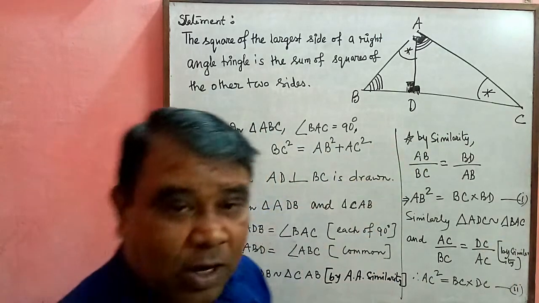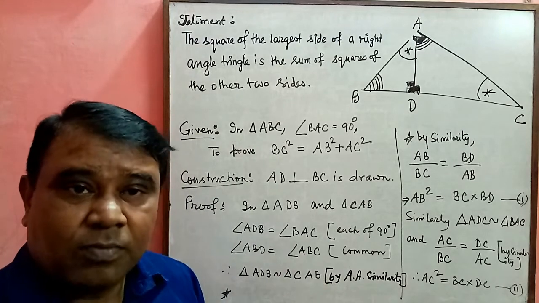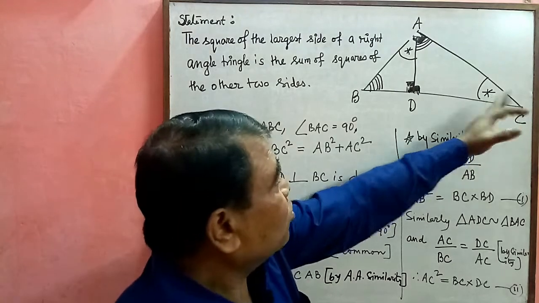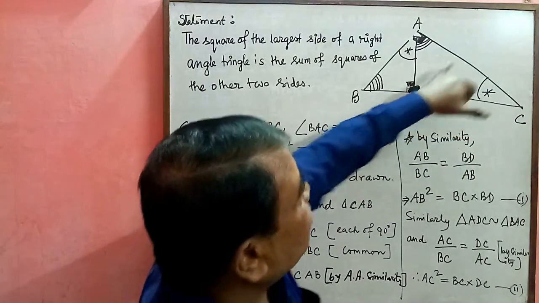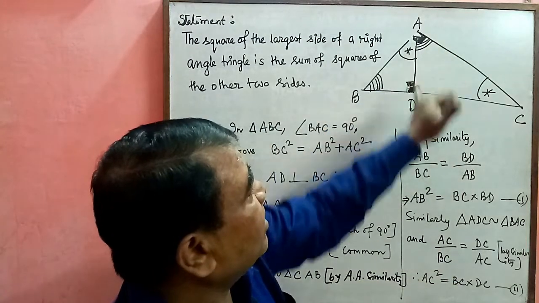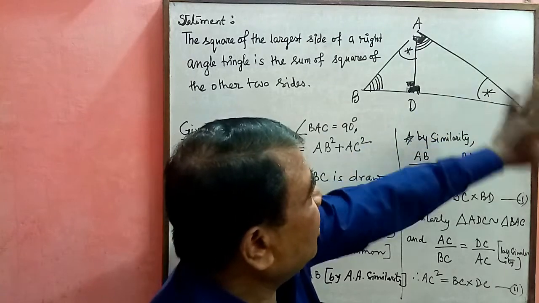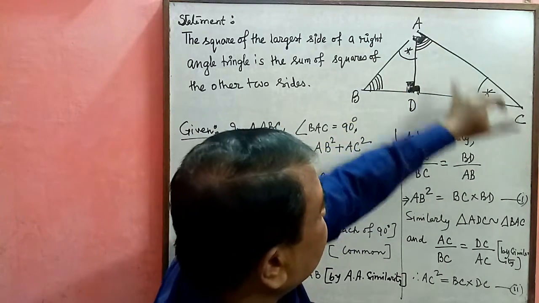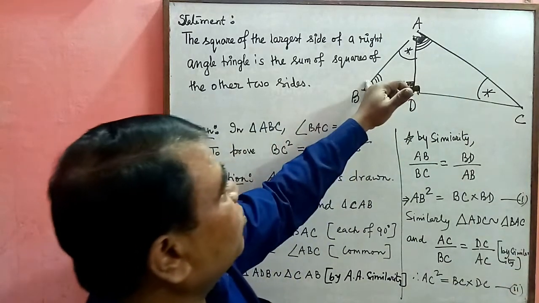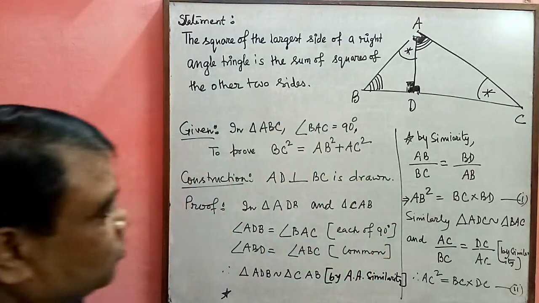Now again we will not take the ratio between the sides of the equal angles, that is the common angle, that is C. So next again opposite to 90 degrees is AC, and opposite to the 90 degrees is your BC. This is your common, leave it. This opposite to this is DC, and this is equal to this one, so this is AC. So AC square is equal to BC into DC.